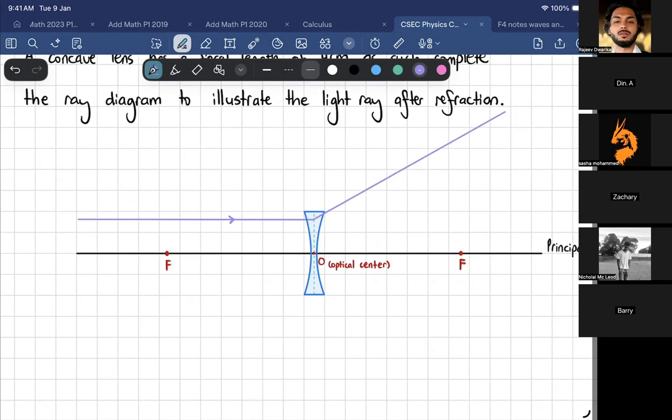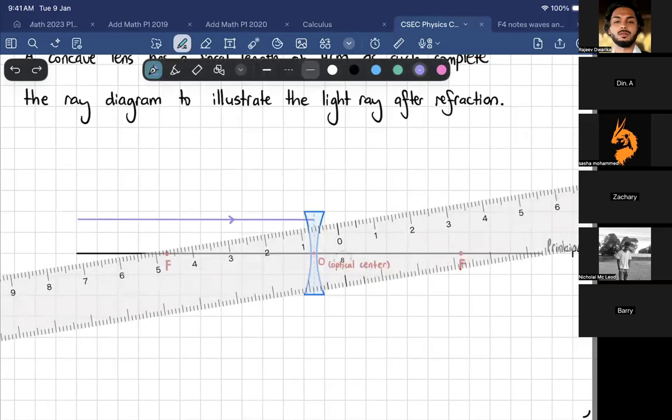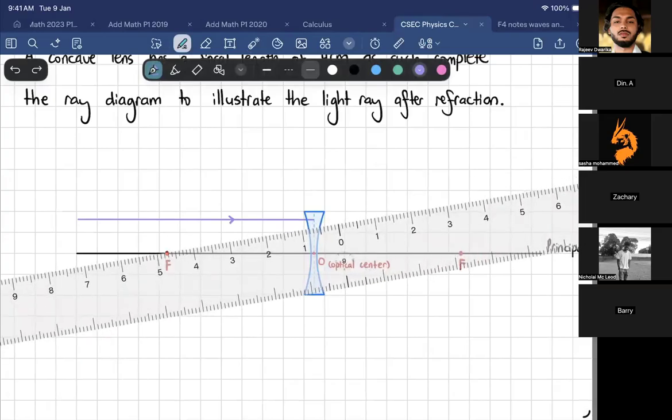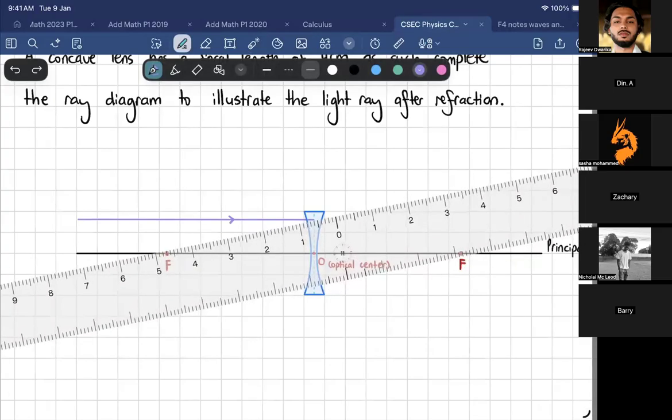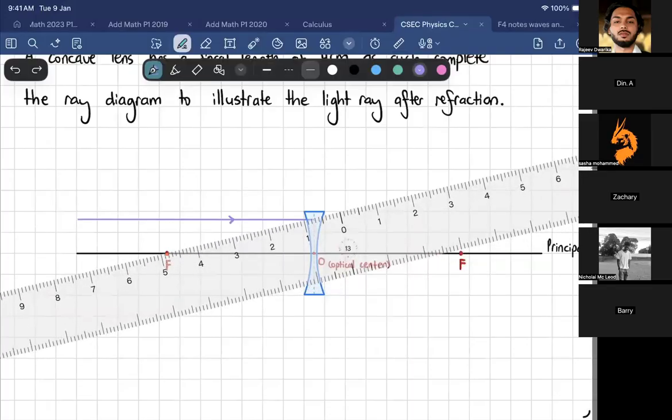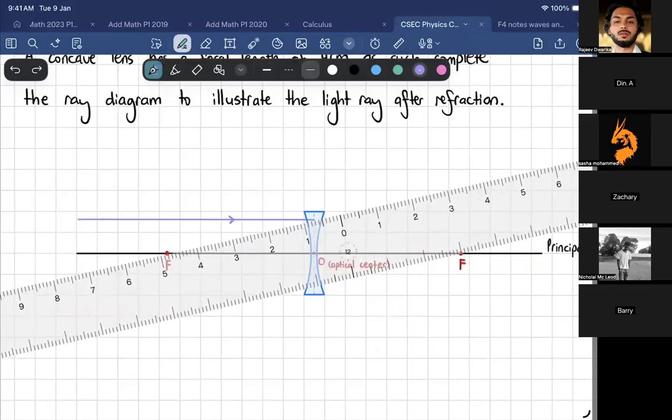Can you just draw a line like that? No, you can't do that, right? You need to line it up with the focal point, like so.